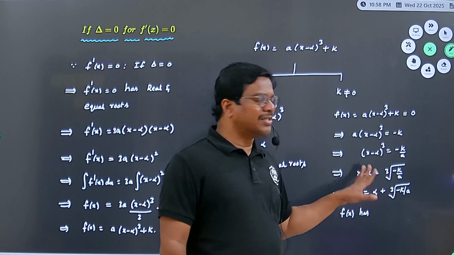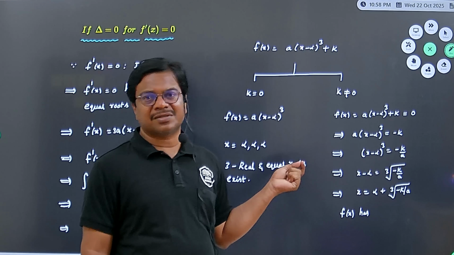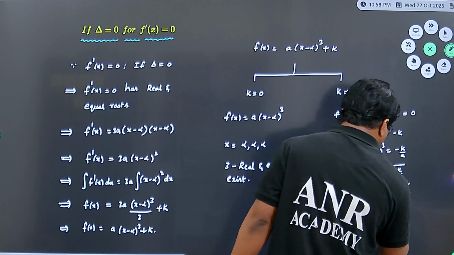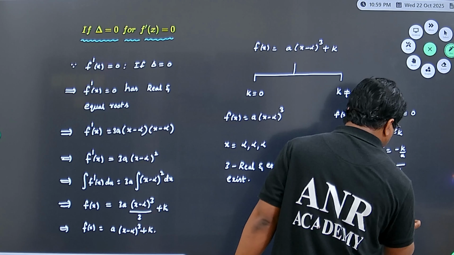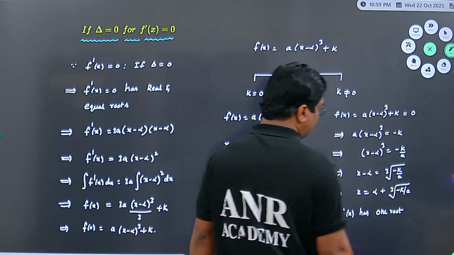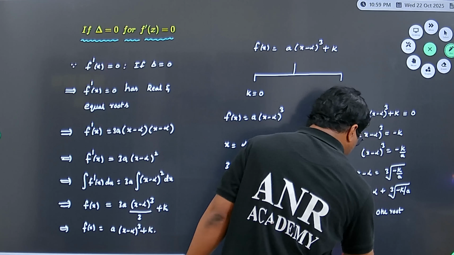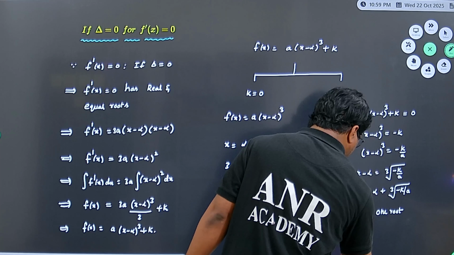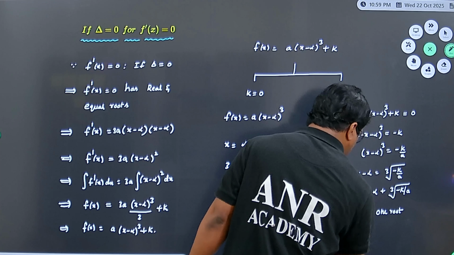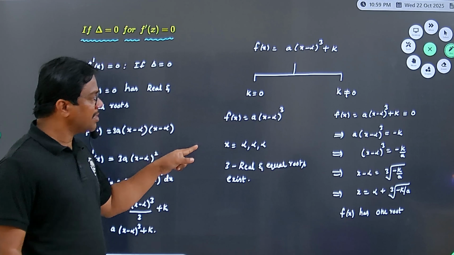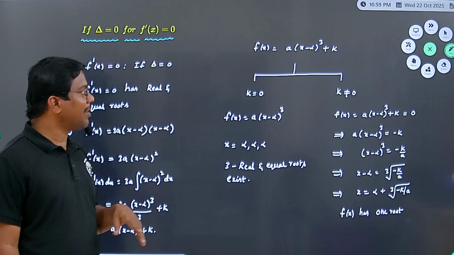So alpha plus cube root of minus k by a gives only one quantity, so f of x has one root in this case. Yes, that's all. Only one root in that case, and in the other case 3 real and equal roots.